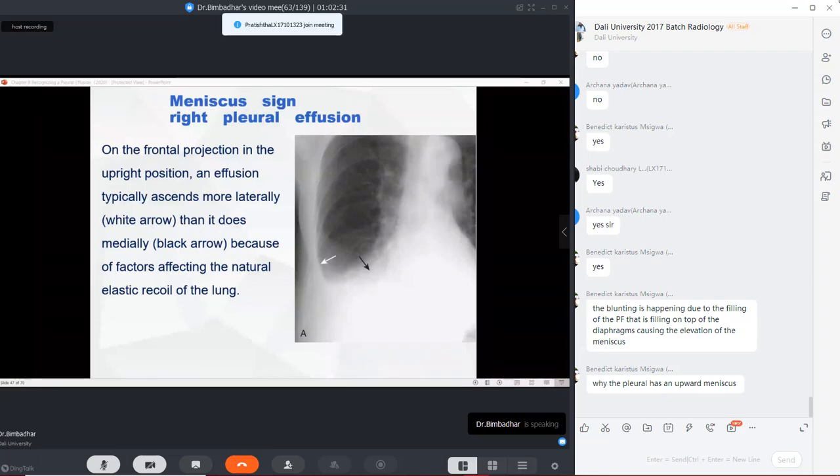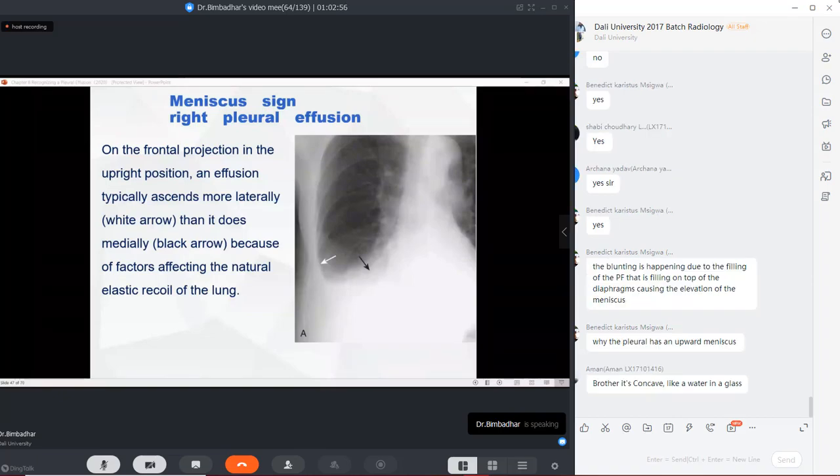The fluid takes a meniscus as a U shape because of the surface tension of the fluid. Okay, let us say the crest is an elevation. Crest is an elevation.